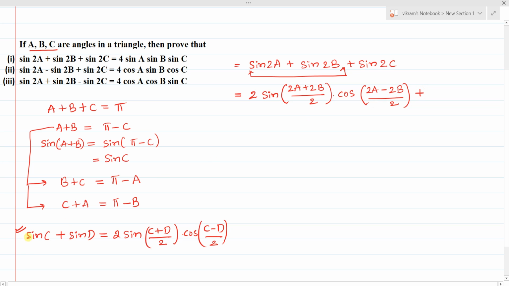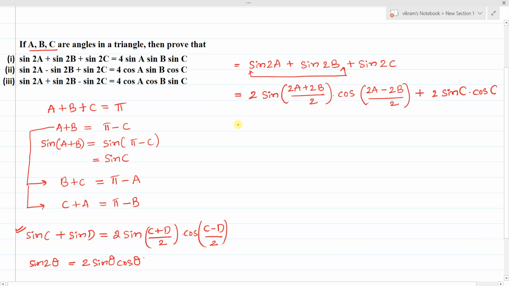We have the formula that sine 2 theta is equal to 2 sine theta into cos theta. Now apply it here: sine 2C can be written as 2 sine C into cos C.